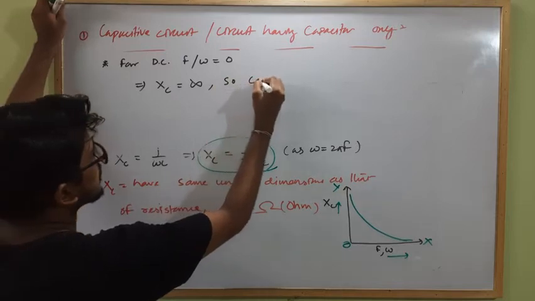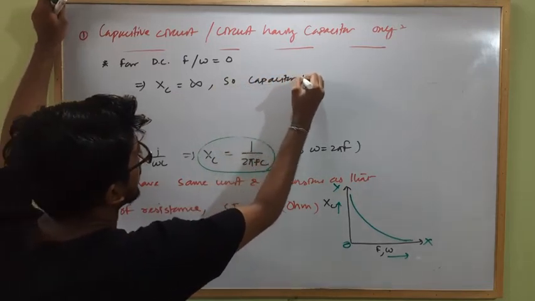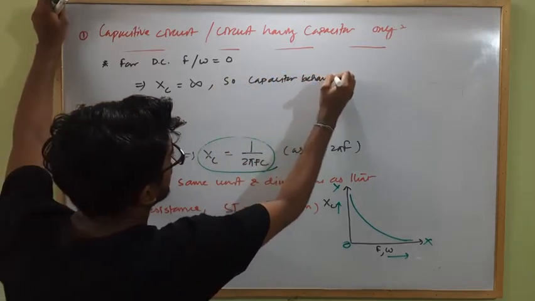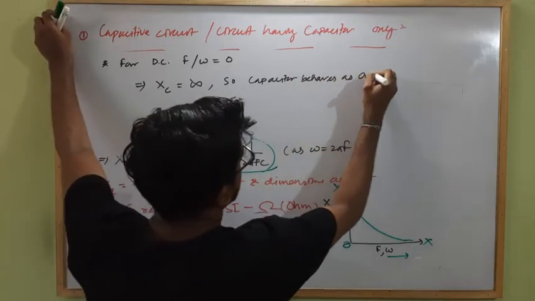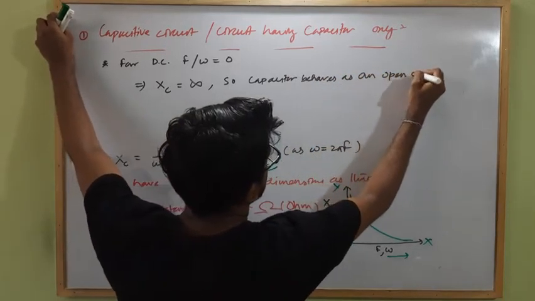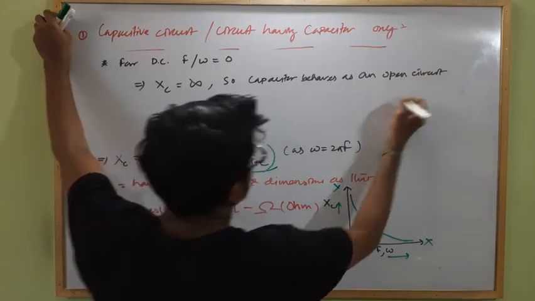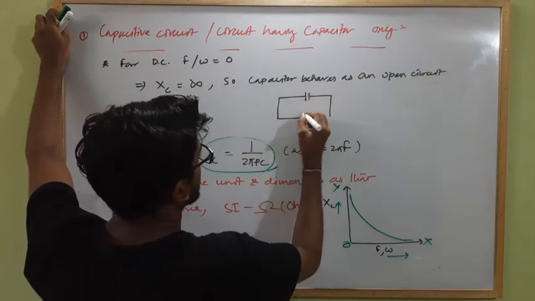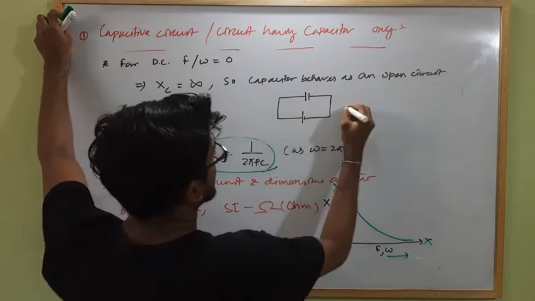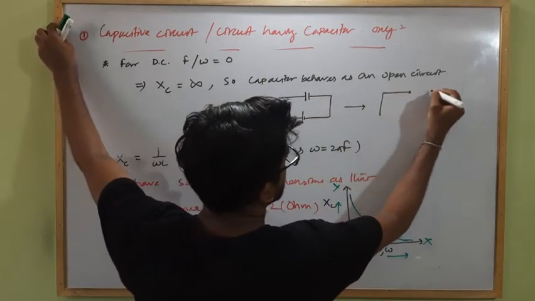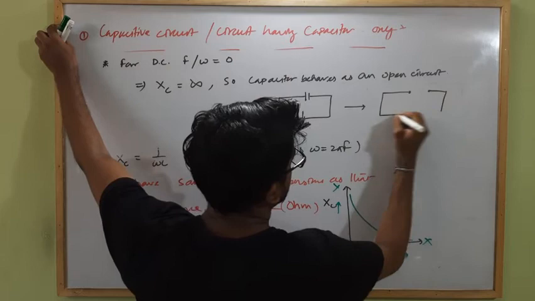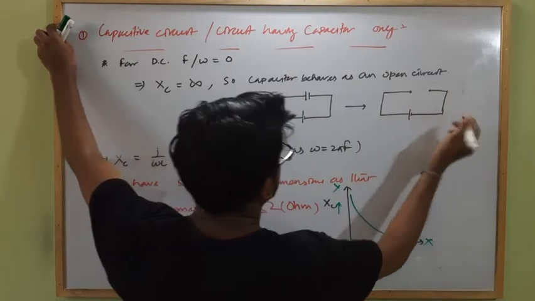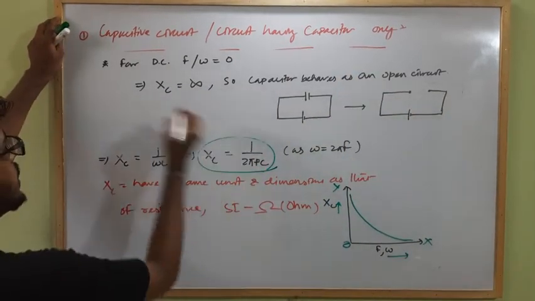So the capacitor behaves as an open circuit. Okay, that means if it is a DC condition, it will behave like this, because the capacitive reactance is infinite.